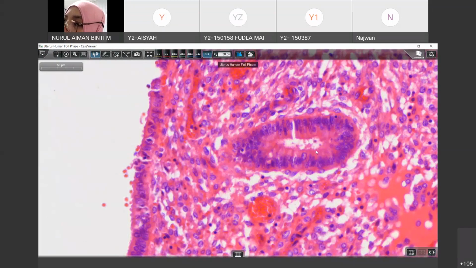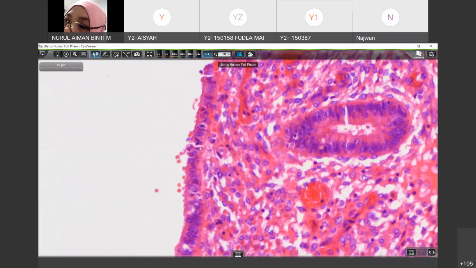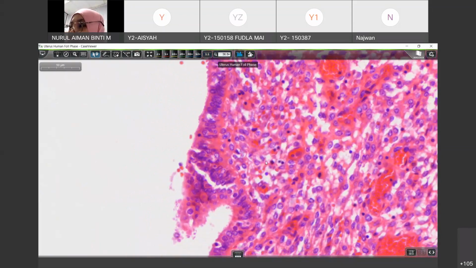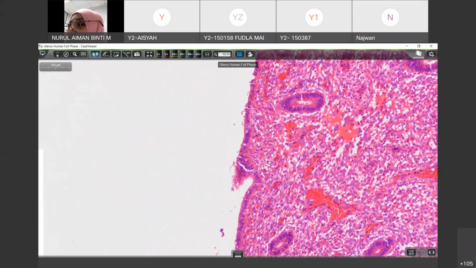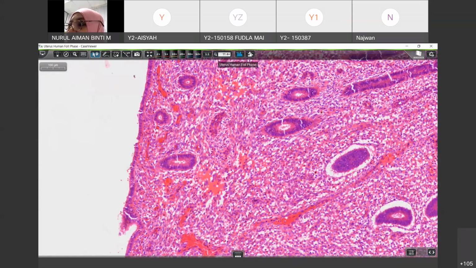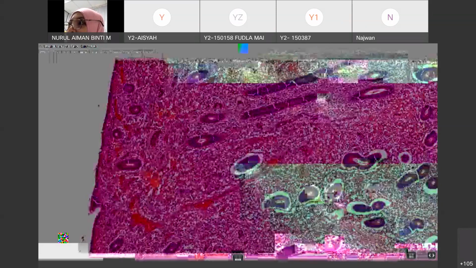Maybe this one is a peg cell because the cytoplasm is still very intense compared to this one. But you can't really say because it's quite compact. All of this is the simple columnar ciliated epithelium. So these are the invaginated endometrial glands, all lined by simple columnar ciliated epithelium.